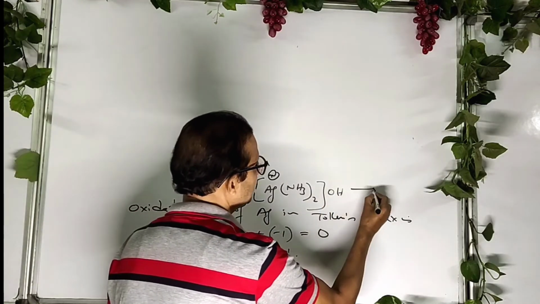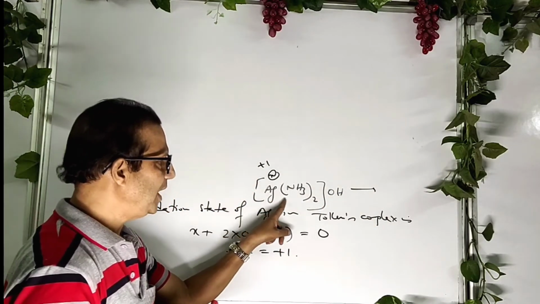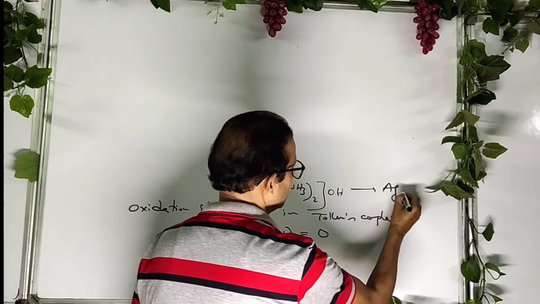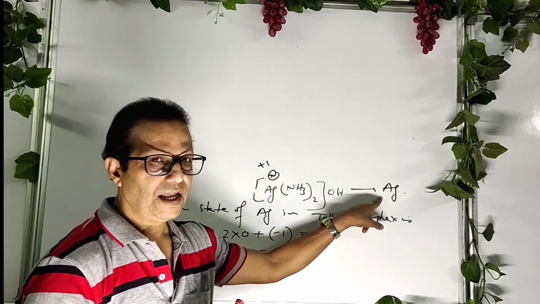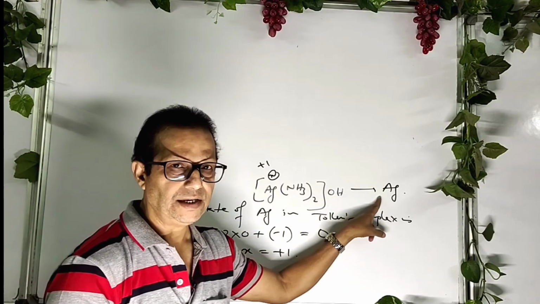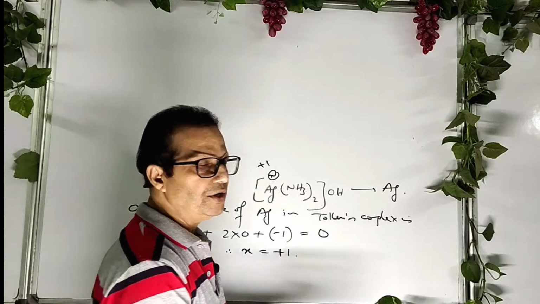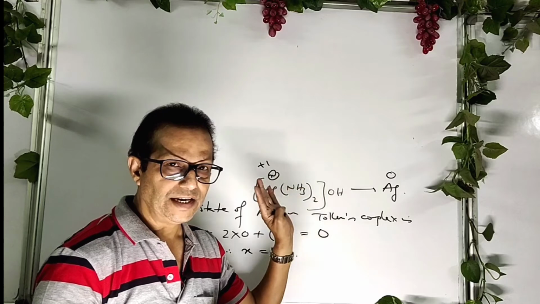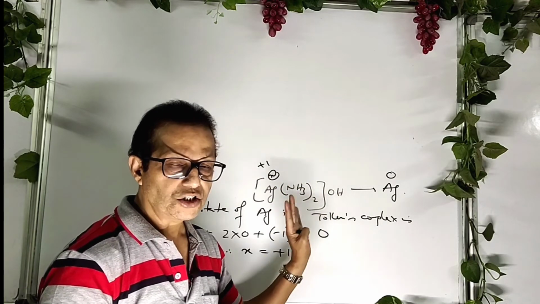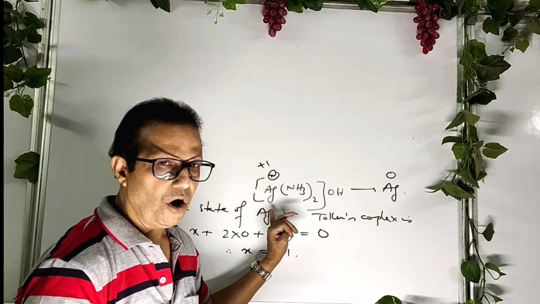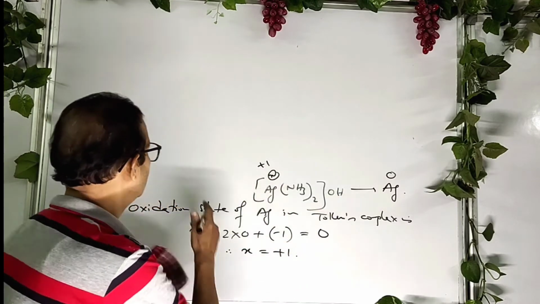And you know that Tollens complex reduces to metallic silver, and as the silver is in elemental state, you know that in any elemental state the oxidation state is always 0. So remember it, during Tollens reagent test the oxidation state of silver changes from +1 to 0.